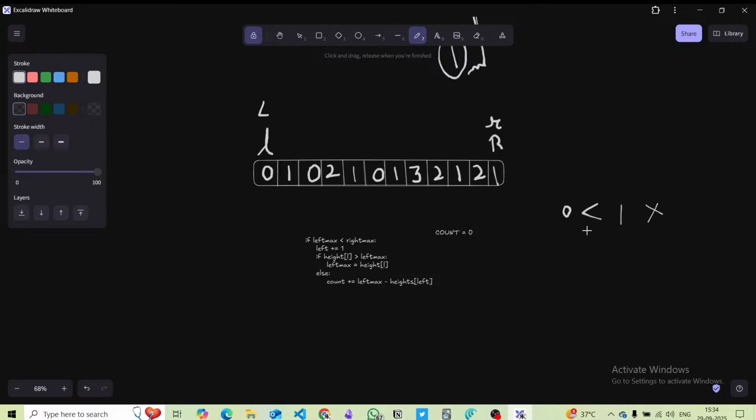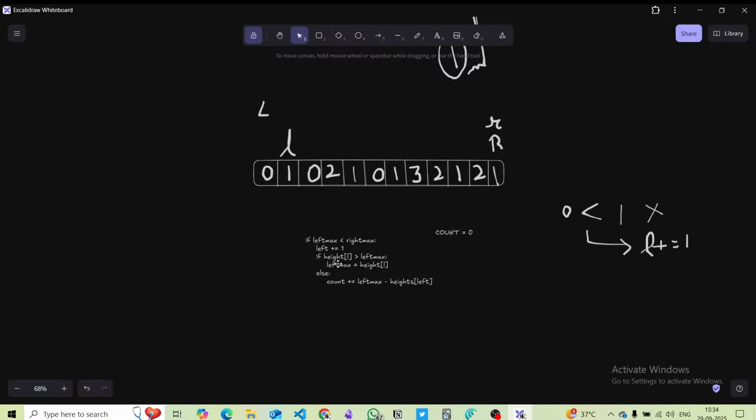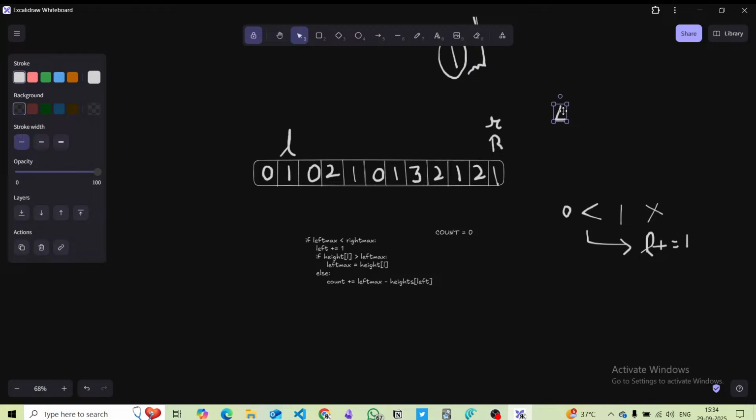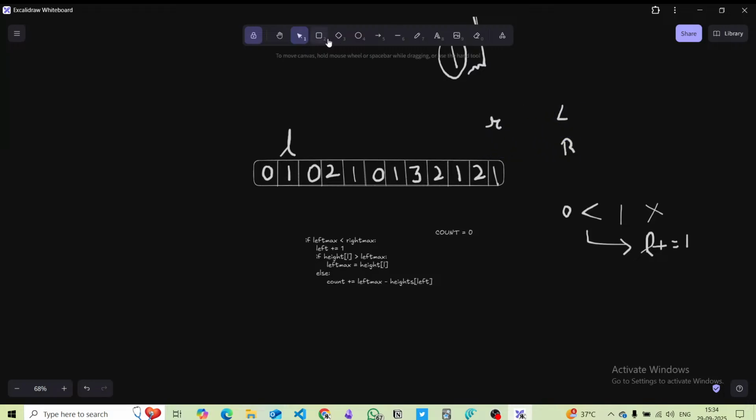No. So what we need to do is move the left one plus 1, right? Here. Now, sorry, I think both are variables.